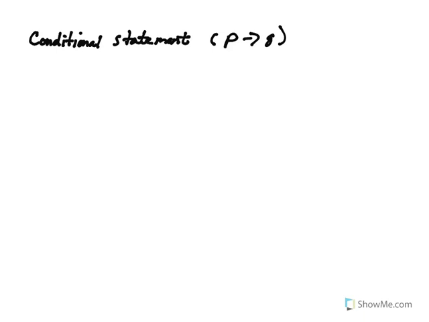So P implies Q, if P then Q, is what a conditional statement is. But just so you understand where it comes from, if you want to negate this conditional statement, let's say you have P implies Q, and you wanted to negate this, that means it's not.